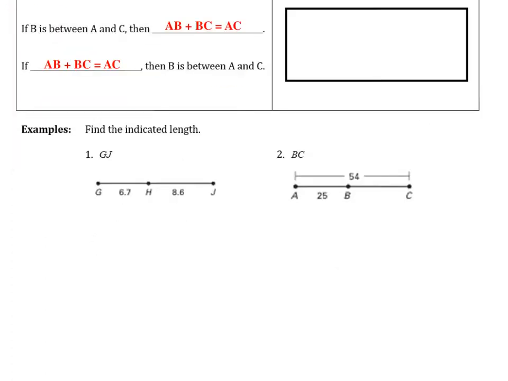So for this first example, I just want to start off with the letters. So in this case, we have G, H, and J, which are all collinear. And according to the segment addition postulate, GH plus HJ is going to equal GJ. So now let's just replace what we have.